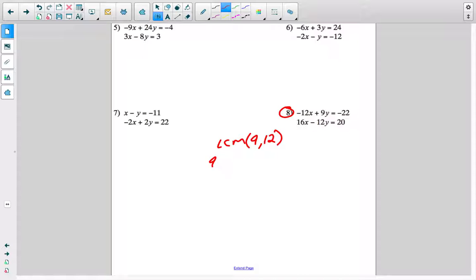So list out your multiples of 9. List out your multiples of 12. And see what the smallest number is that they have in common. Then create that. Since I've already done this problem, I know that it's going to be smaller with the y's. You could do this with the x's instead, and that would still get you the correct solution. It's your choice.